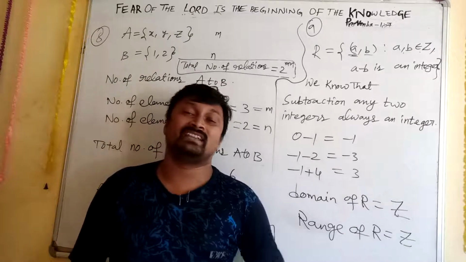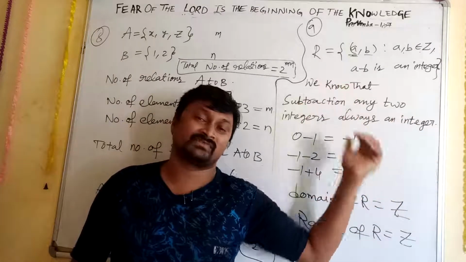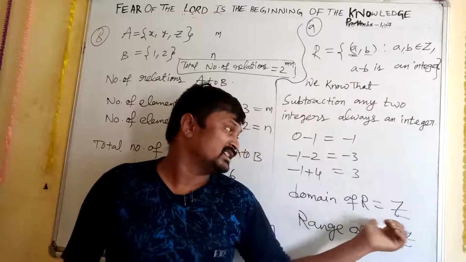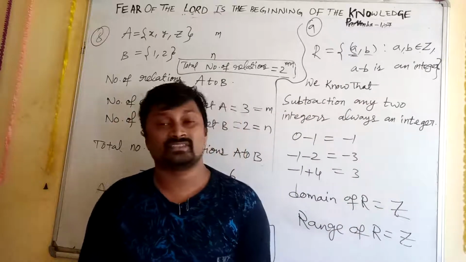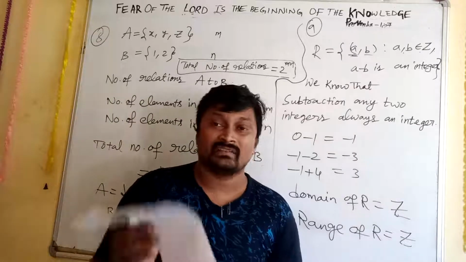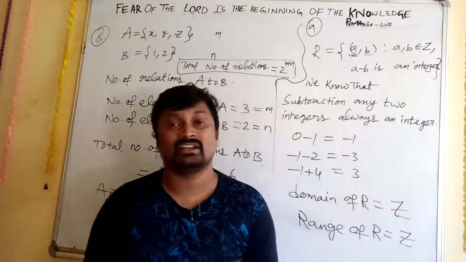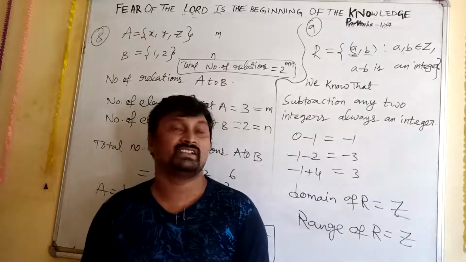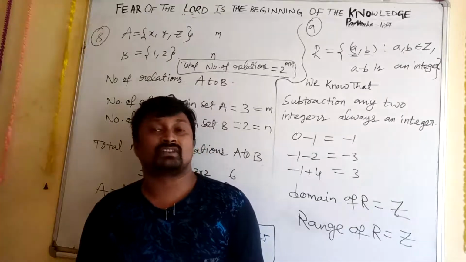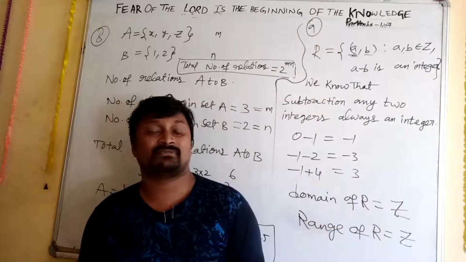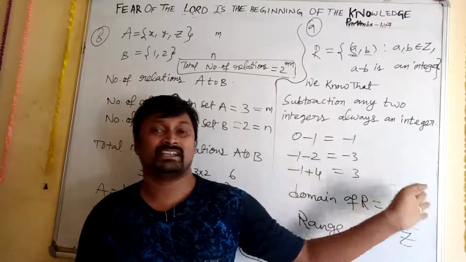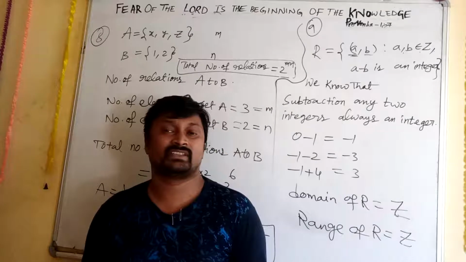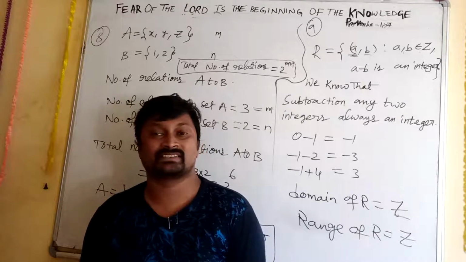Instead of writing all those big numbers, we wrote domain of R is equal to Z, range of R is equal to Z. You can also write minus infinity dash infinity, with 0, minus 1 on one side and plus 1 on the other. It is going to be the same answer.